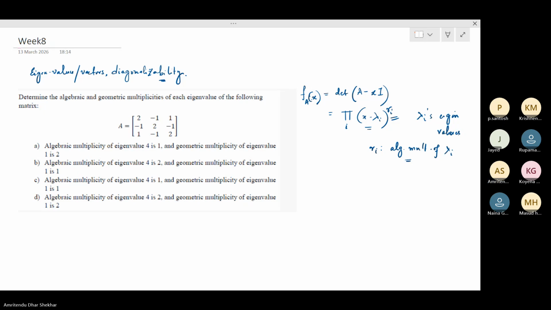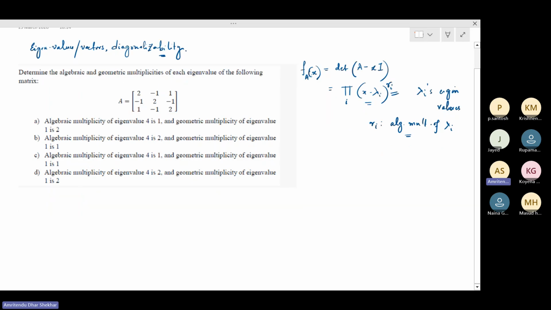Now, of course, if lambda_i is an eigenvalue, then the null space of the linear map A minus lambda_i times I is, by definition, the eigenspace of lambda_i.